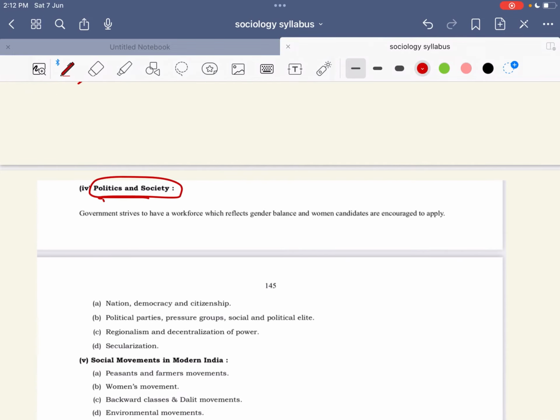Then there is politics and society. We have studied this in Paper 1 also, and the same topic is there in Paper 2. I have taken this syllabus from the UPSC official website. They say the government strives to have a workforce which reflects gender balance; women candidates are encouraged to apply.